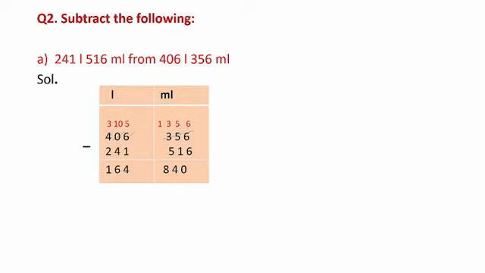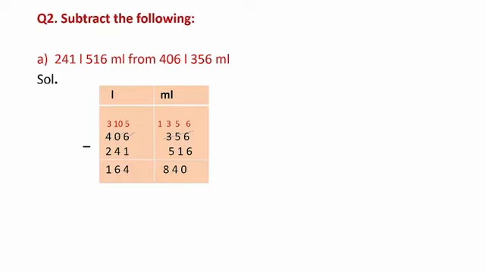So first you see here in milliliter, 356 milliliter is smaller than 516 milliliter. So we will borrow 1 liter from the liter column, that is 406. If we subtract 1 liter, it will become 405, and the 1 liter is coming to the milliliter column.